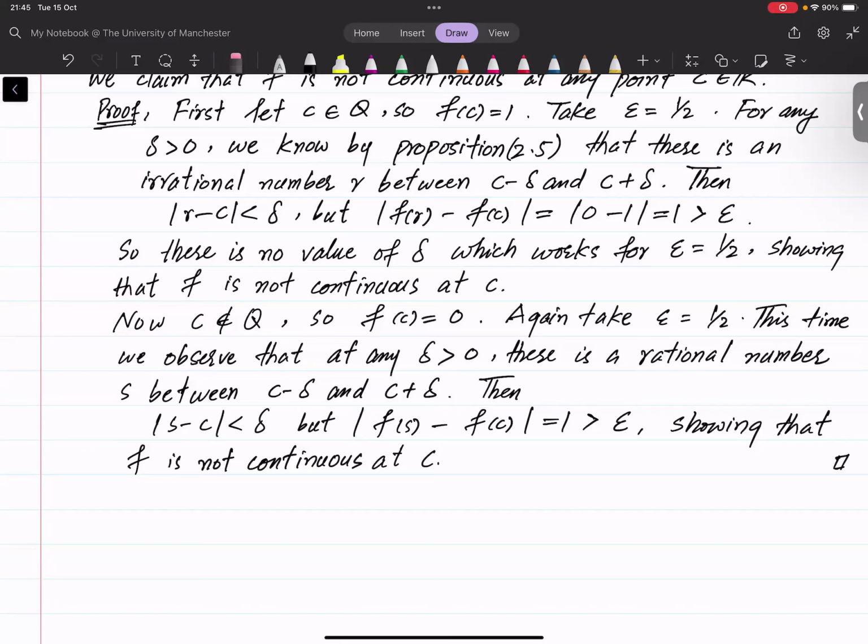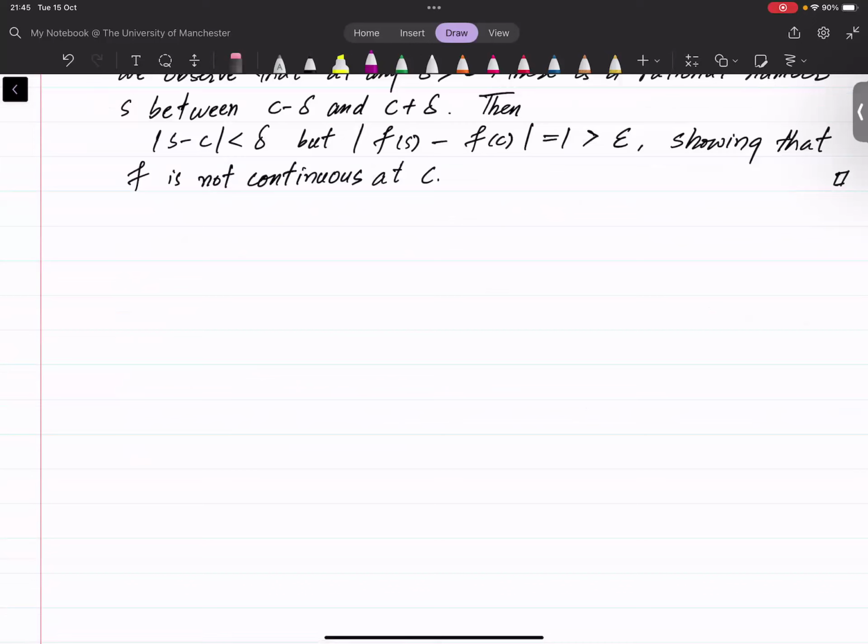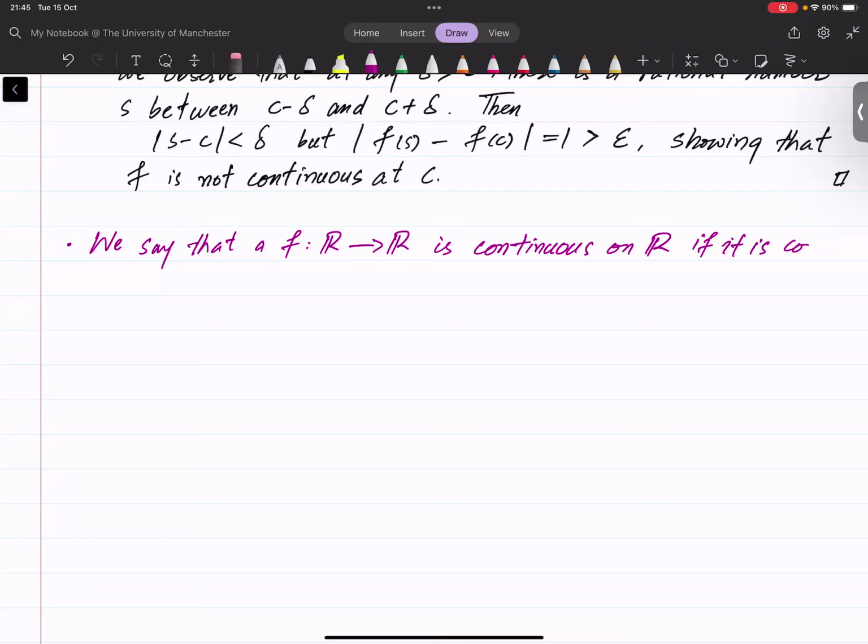So the point is, we say that a function from R to R is continuous on the real numbers if it is continuous at every point c in the real numbers.